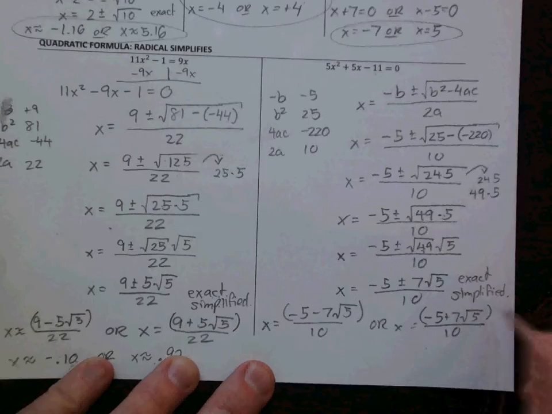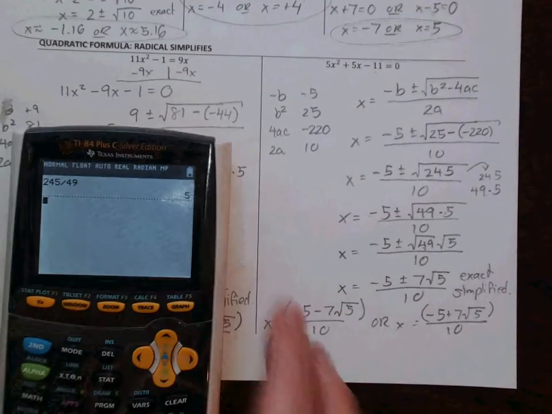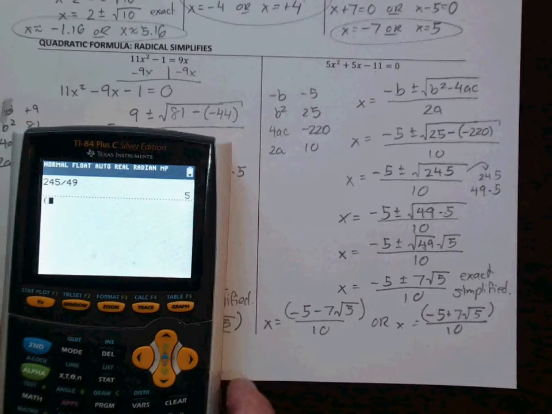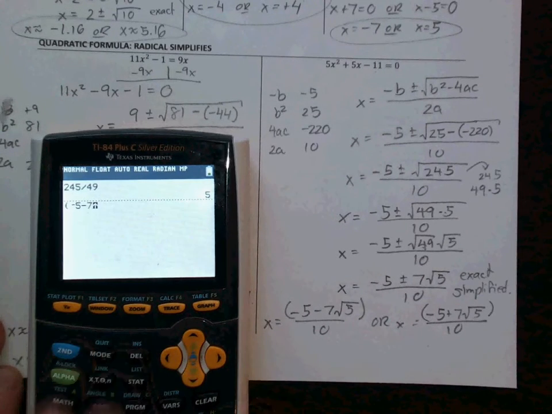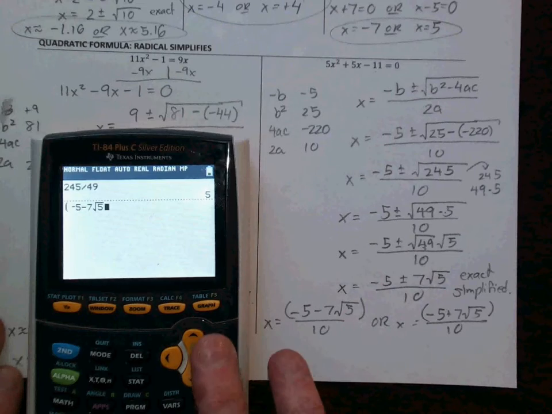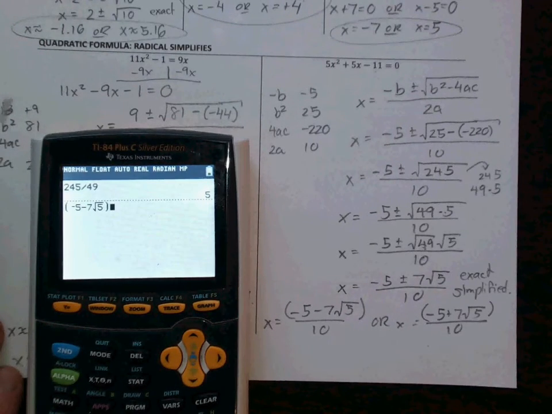I'm going to put the numerator into parentheses, and then use my calculator. So in parentheses, let me just make sure you can see it. I'm putting negative 5, remember the negative button is down here, minus 7 square root of 5. I'm going to close the numerator, close my parentheses, divided by 10.